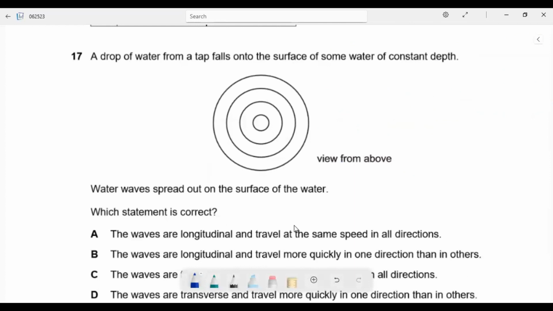A drop of water from a tap falls onto the surface of some water of constant depth. Here we can see the waves spreading out on the surface of the water. Which statement is correct?